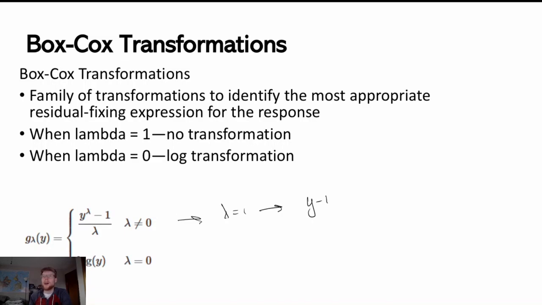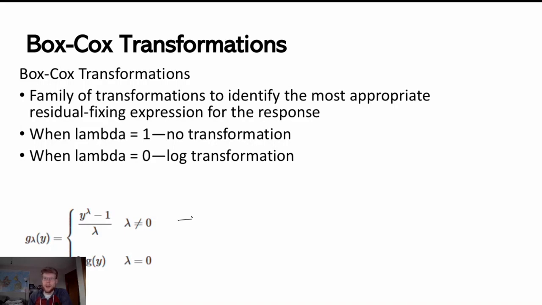So that option really is no transformation. If lambda equals 1, we really don't need a transformation at all. We can just leave y in its original units. The other special case is when lambda equals 0 is our best fit for this log likelihood function.